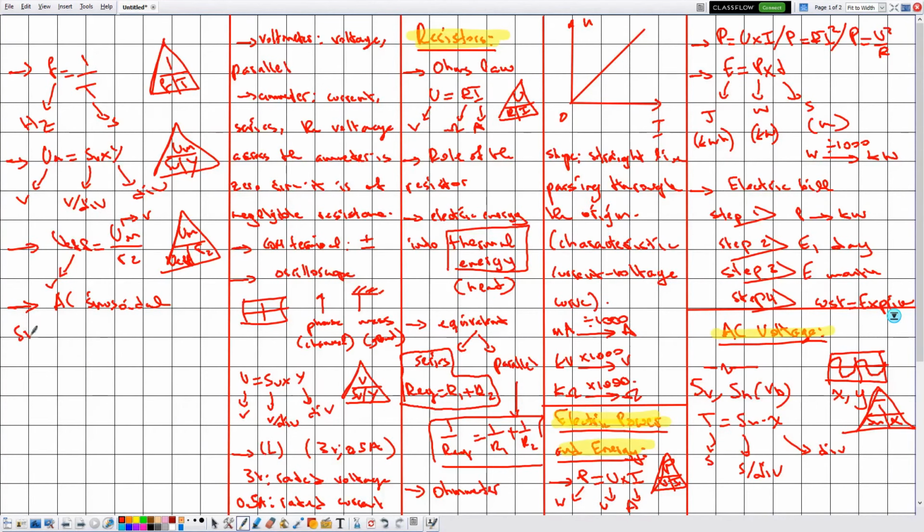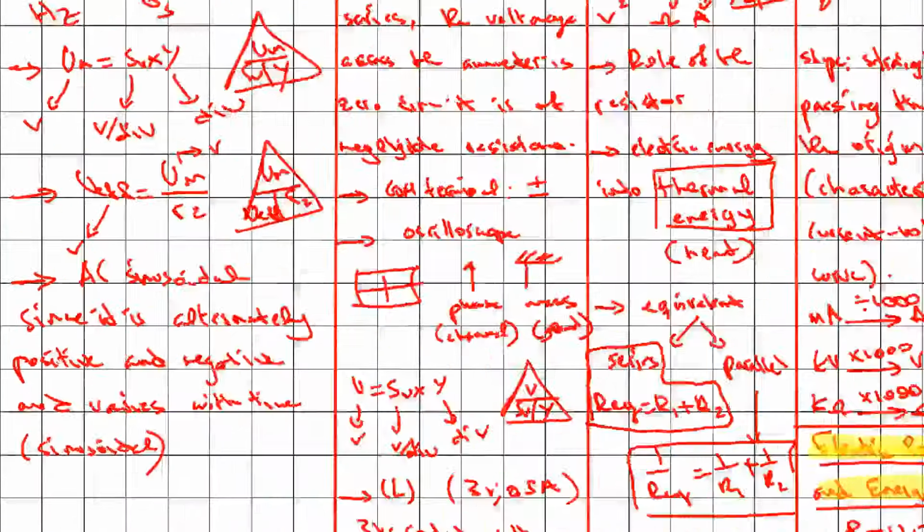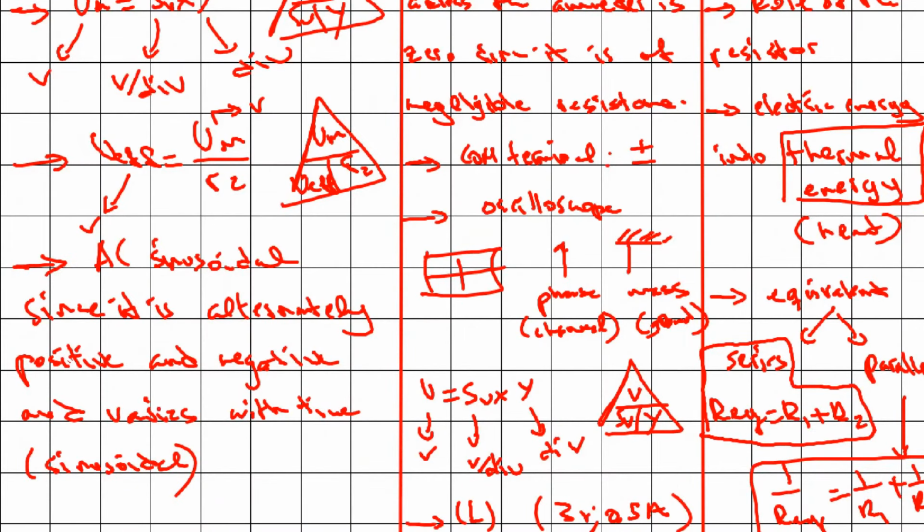Since it is alternately positive and negative and varies with time, and the shape is sinusoidal, then it is an AC sinusoidal voltage source. So remember that they usually give half a mark for this, and they give half a mark for the justification.